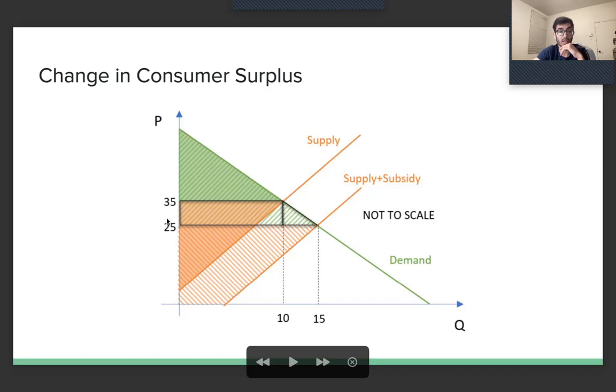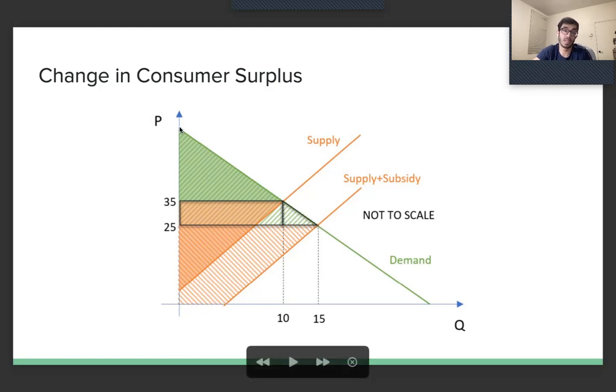So from the 25 point till this point till this point, this whole triangle is now your consumer surplus. And if you extend this line below, this whole triangle is your new producer surplus.